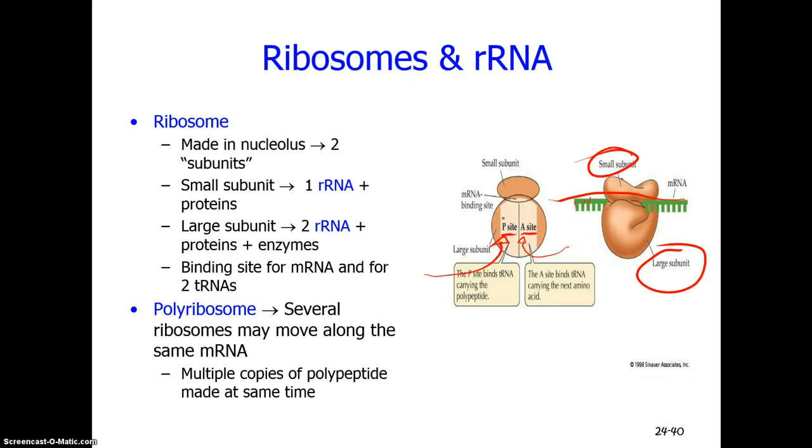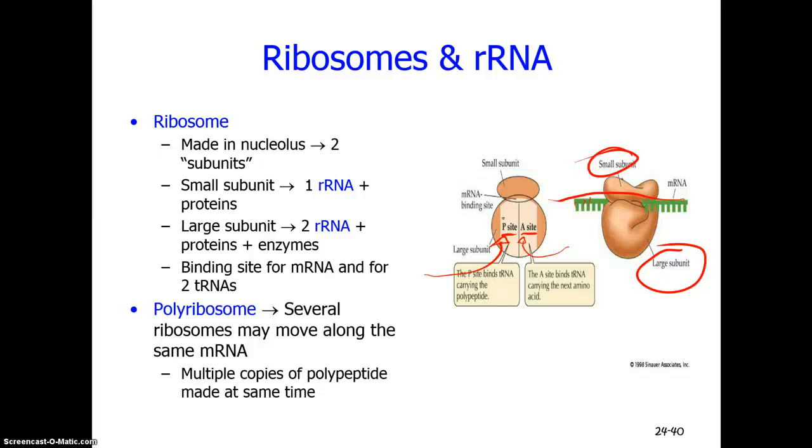Okay, so polyribosome: there are several ribosomes that are going to move along the same mRNA. Just like DNA replication did not begin at the beginning and go all the way to the end, a ribosomal unit, the small and large, can start any place that they've got their start codon, that methionine.